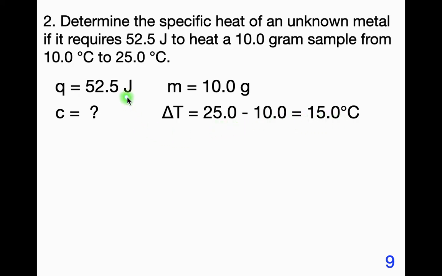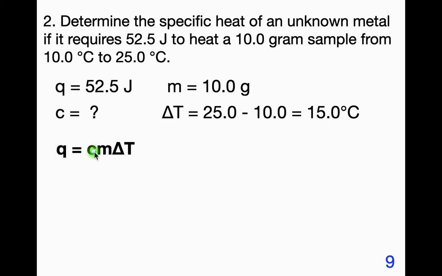Okay, now we're going to need to solve for specific heat. So our main equation, of course, is Q is equal to Cm delta T. We know everything except for C. So let's first solve for C algebraically.